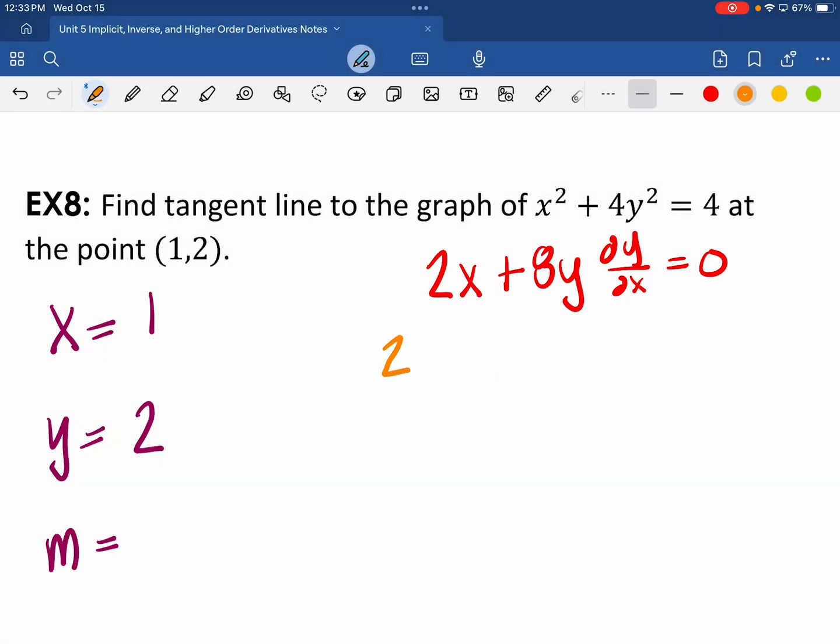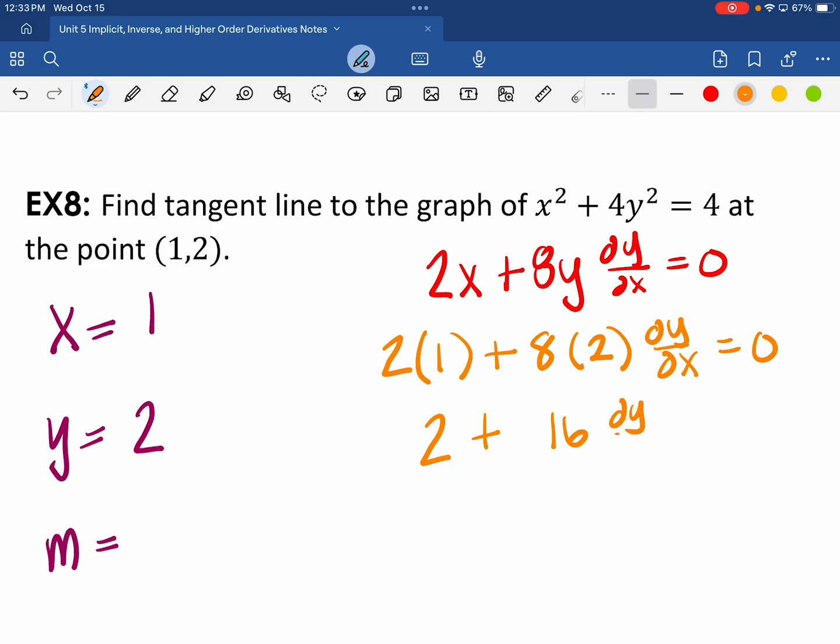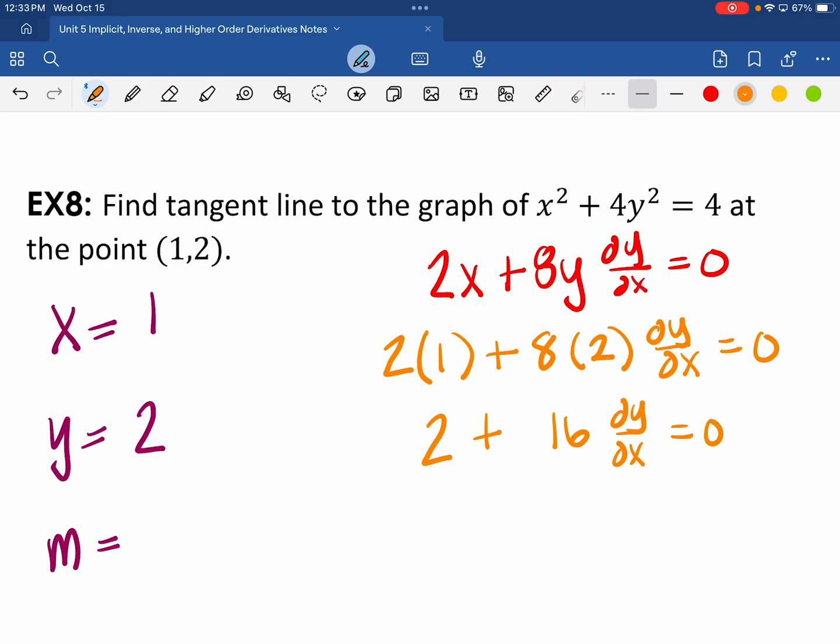All right, so what am I going to plug in for x? 1. What am I going to plug in for y? 2. Do your work. Yes. All right, so then I got 2 plus 16 dy dx. Now, how would I get dy dx by itself? What would I do next?